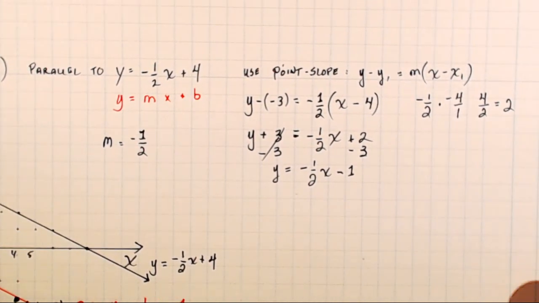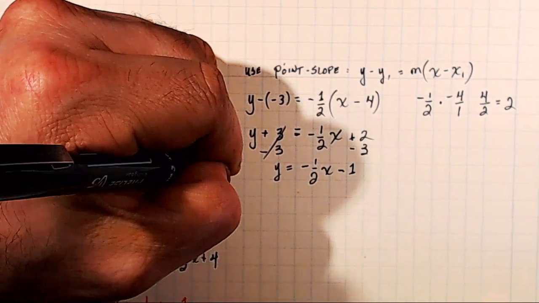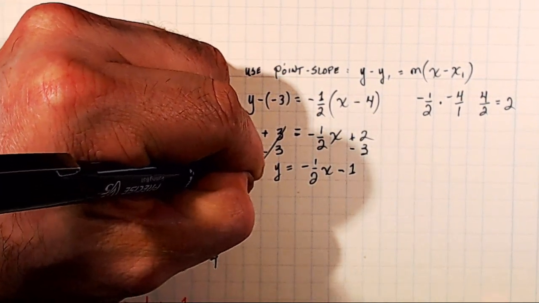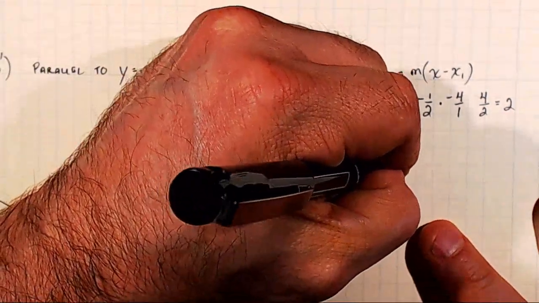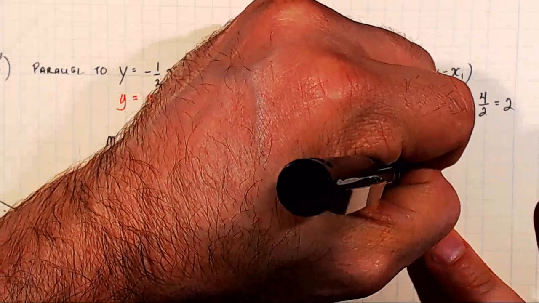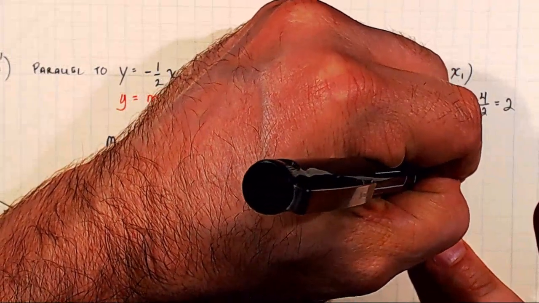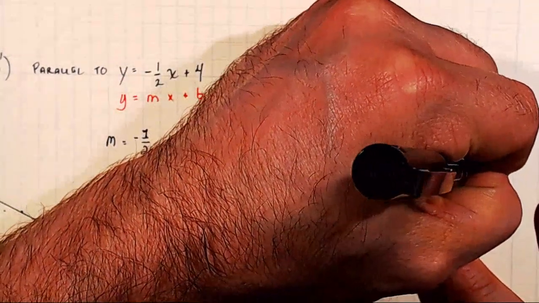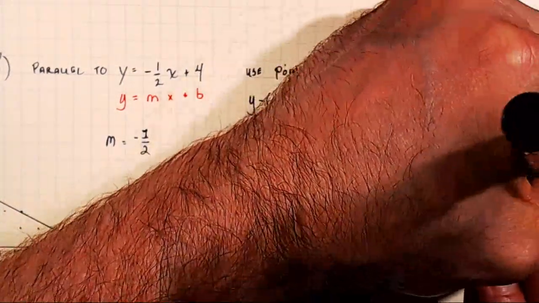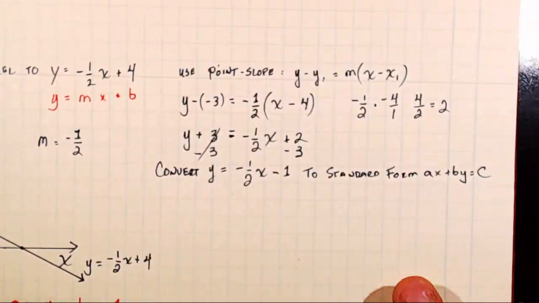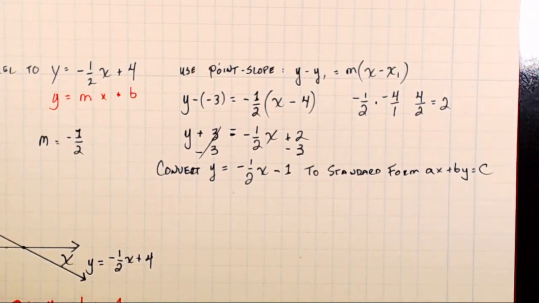Okay. So now we need to convert this to standard form. So now convert y equals -1/2 x minus 1, which is in slope-intercept form, to standard form, ax plus by equals c, where a, b, and c are whole numbers and a is positive.